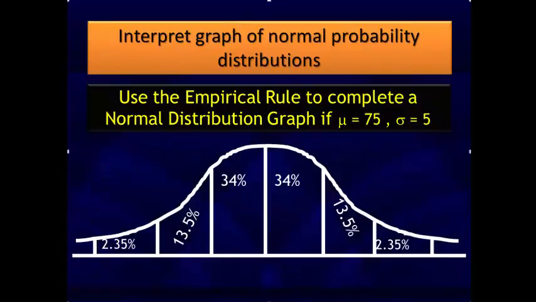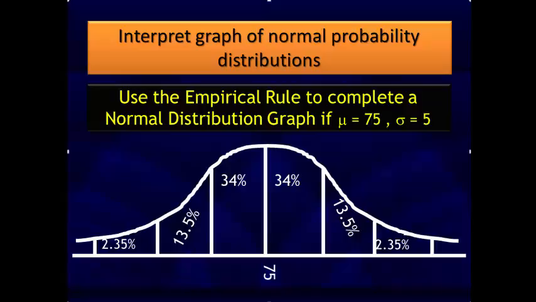Let us interpret the graph of a normal probability distribution. Use the empirical rule to complete a normal distribution graph if the mean is 75 and the standard deviation is 5.